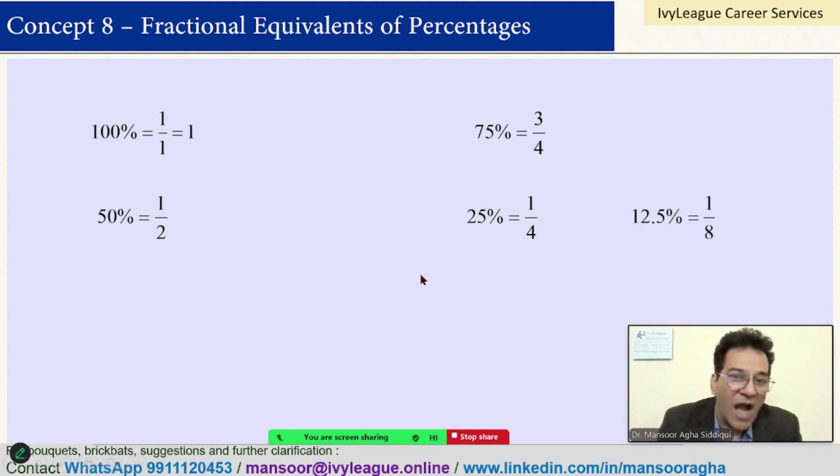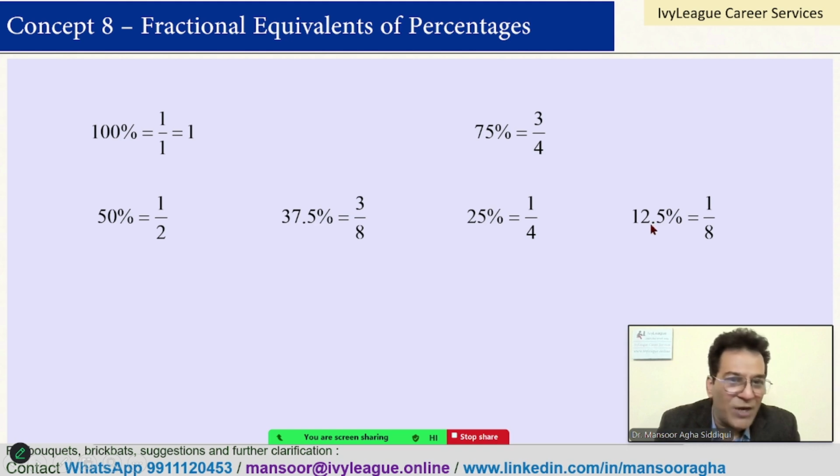In a similar manner, half of 25% is 12.5%. So half of 1 by 4 will be equal to 1 by 8. So in your mind, there should be no difference between 12.5% and 1 by 8. They're both the same. Also, between 50% and 25% is 37.5 exactly. And 37.5 is nothing but 3 upon 8.